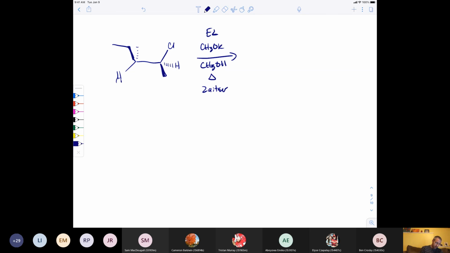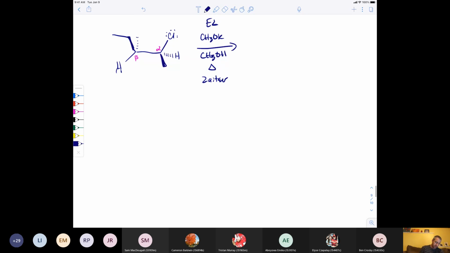So the way we would draw this is, this is our alpha and this is our beta. The way I have this drawn, the beta hydrogen is anti to the chlorine, like the chlorine is going straight up. But if you were to redraw this molecule as a Newman projection, where this is the front carbon, you can redraw it where the front carbon has the chlorine up and the hydrogen down here and the CH3.